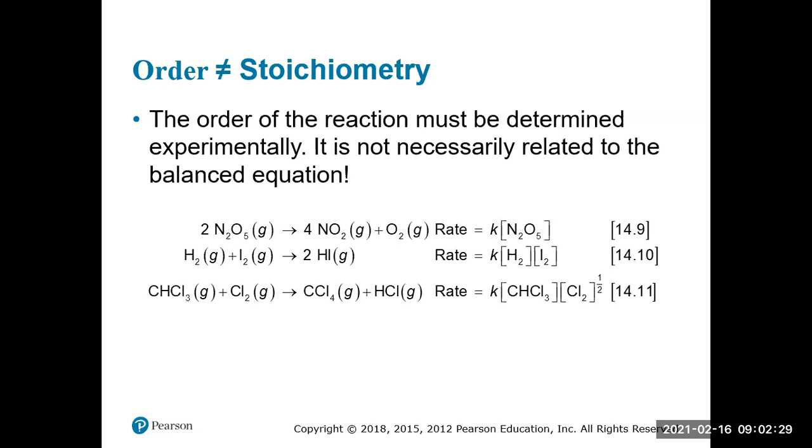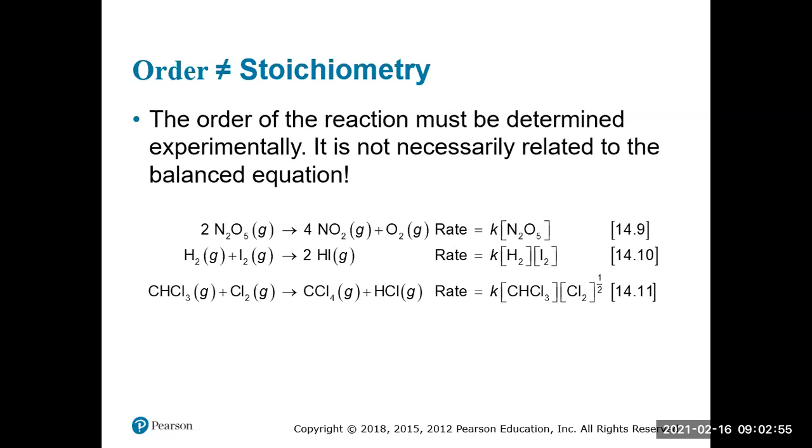So here we have some examples of 2N2O5 going to NO2 plus O2, and we see there that the rate is the rate constant times the concentration of N2O5. So even though N2O5 has that 2 in front of it for the stoichiometry of the balanced equation, what we see is that it's not a second order reactant.